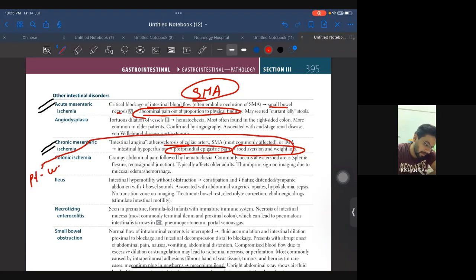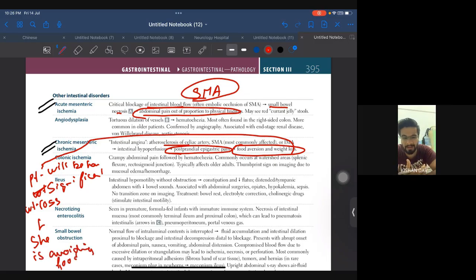The patient will have significant weight loss. Why? Because she is avoiding food, because after food she is having immense pain. So in chronic mesenteric ischemia the pain comes after eating, and in acute mesenteric ischemia out of proportion pain is coming.